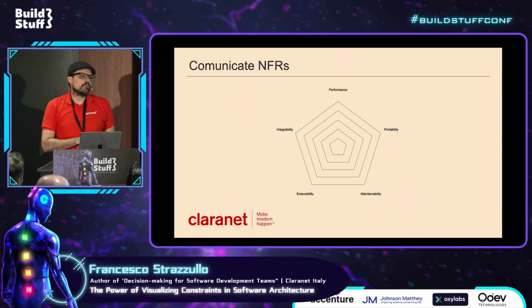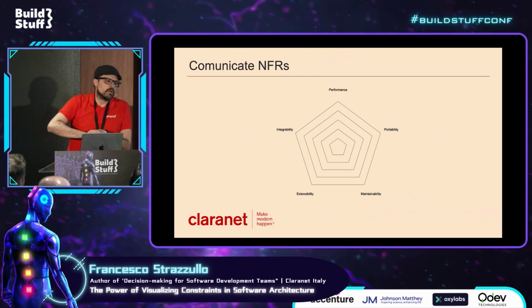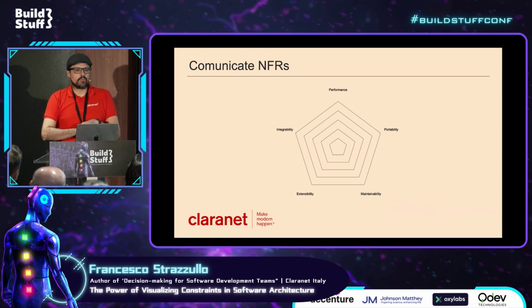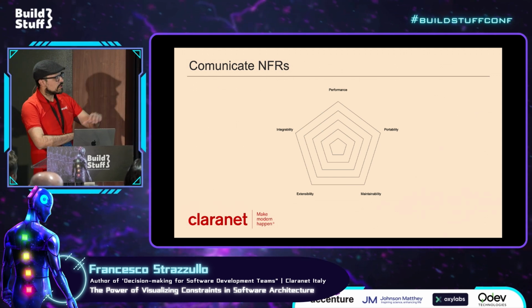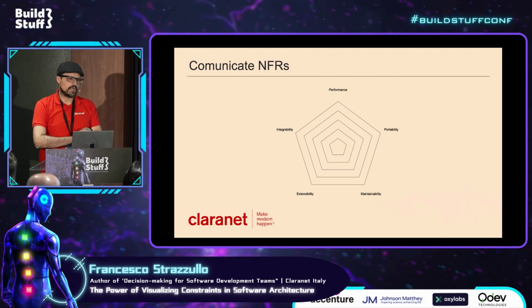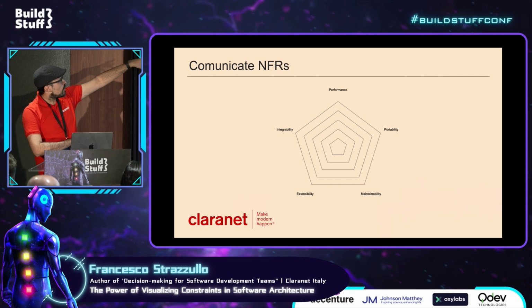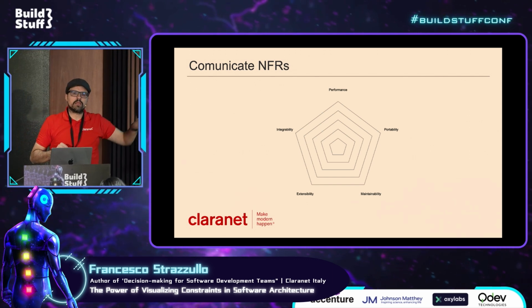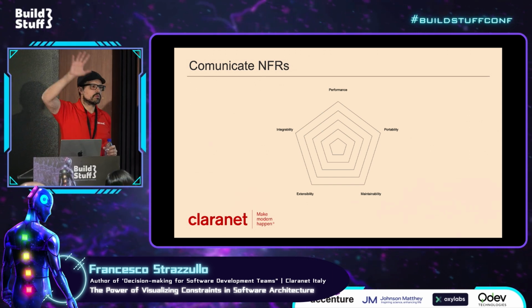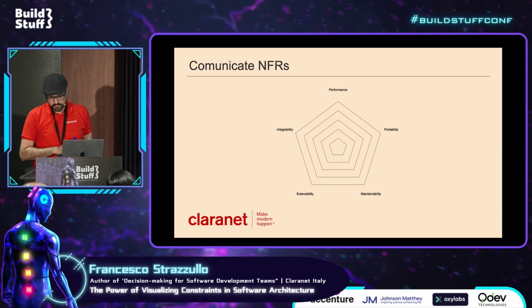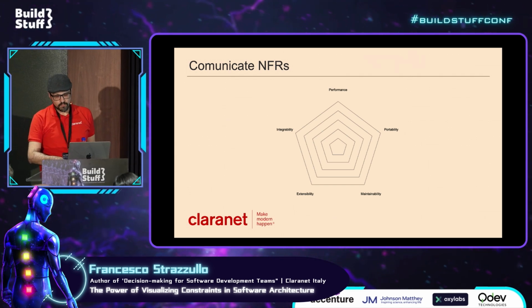Okay, it's time to communicate them. So let's make a simple chart for now. This is a radar chart or spider chart, okay? With the 5 non-functional requirements that you choose with your team or the board choose with you and so on. What's the problem?